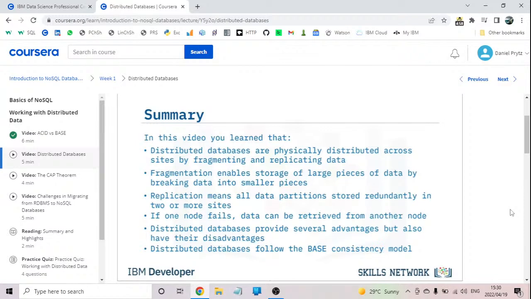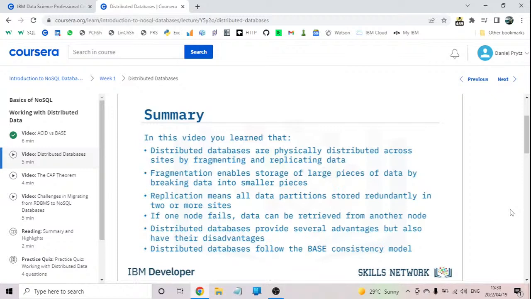I need to get better lighting in this room. Distributed databases follow the base consistency model.